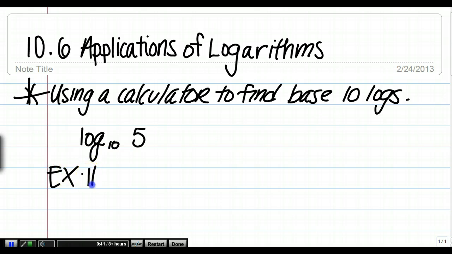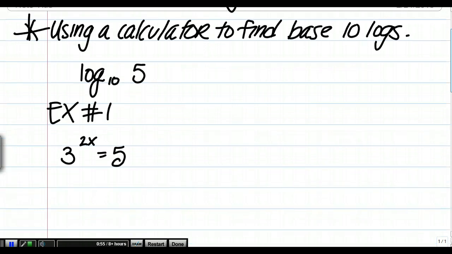Example number 1. If I give you 3 to the 2x equals 5, back in chapter 10.4, or maybe it was earlier, you needed to make sure that you tried to get 3 and 5 the same bases so that you could cross them off and just solve for x.